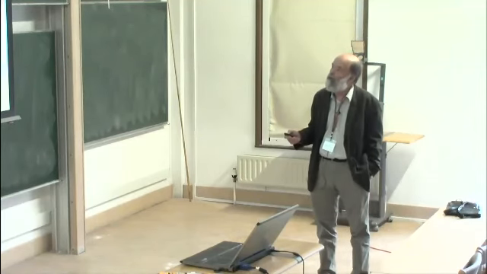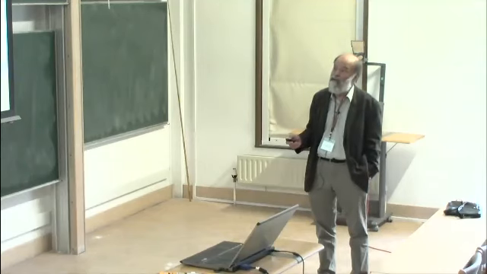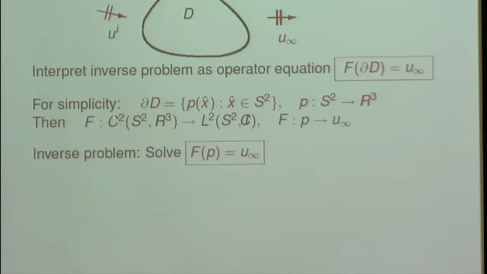So I always will work with this parameterization P, and then I can view F as a mapping taking C2 functions defined on the unit sphere with values in R3, representing the boundary, into the far field pattern, which also lives on S2 and has complex values. The inverse problem in this formulation reads: find the boundary parameterization P such that F of P is u infinity.